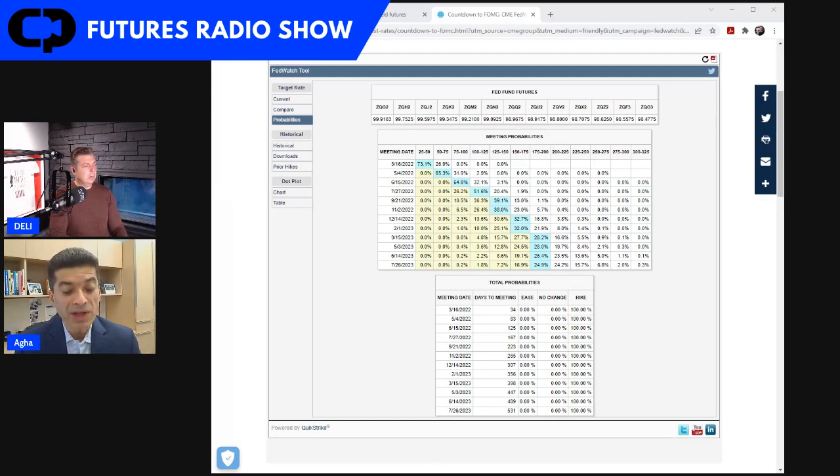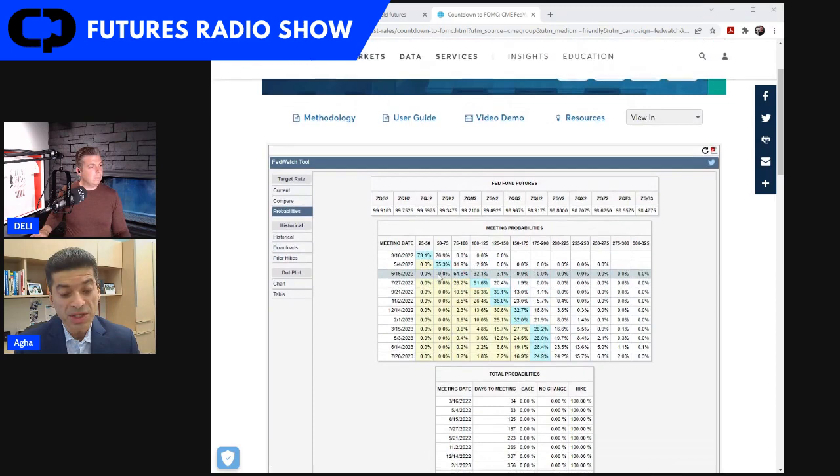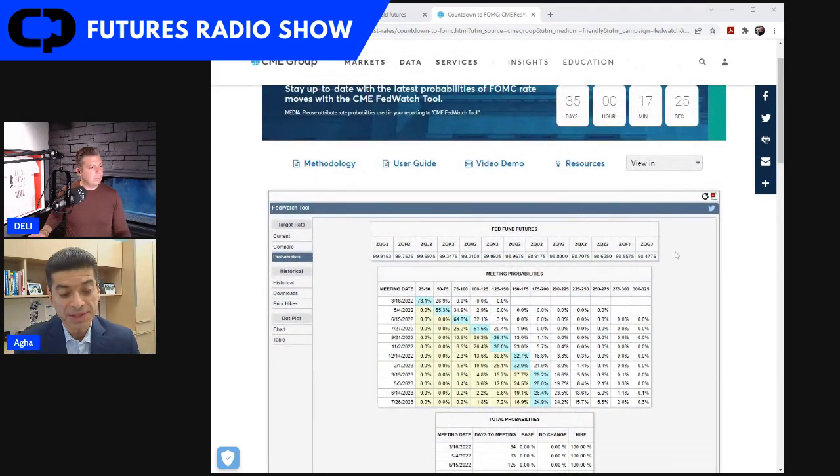The trading price simply represents 100 minus that rate. So we extract that rate, line up all the rates side by side, and apply certain mathematics, which again is available under the methodology tool, and come out with the probabilities of potential rate outcomes.